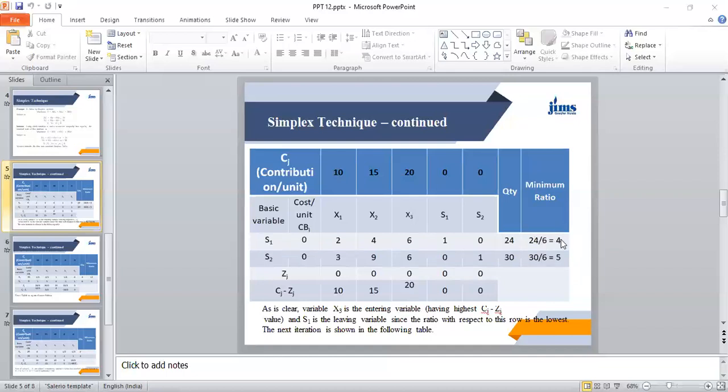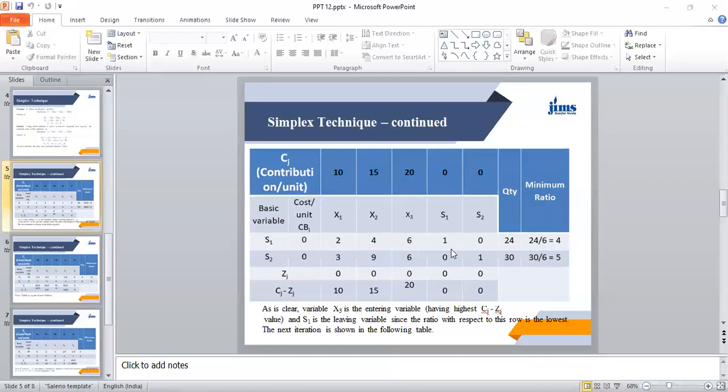So the row corresponding to the minimum value of the ratio of quantity to key column values, the row corresponding to S1, will be the key row. So we have X3. The column corresponding to X3 is the key column, and the row corresponding to S1 is the key row.